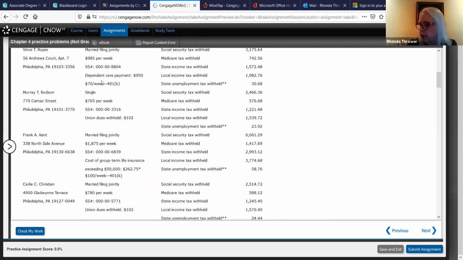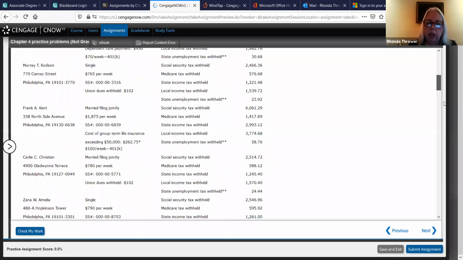You will multiply that by 52 weeks, because there's 52 weeks in a year. And the total amount of wages that are subject to federal income taxes is $47,850.